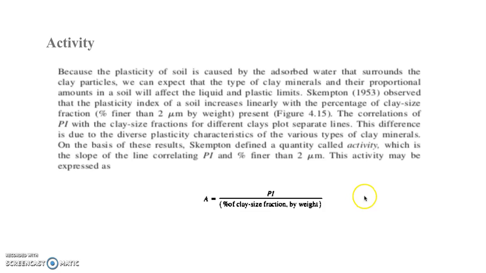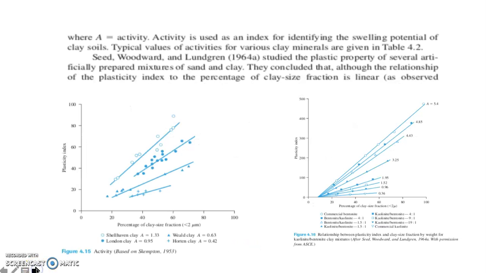So activity of a soil assesses capacity of soil to hold water. So we have here an illustration for the activity based on Skempton, and these are relationship between plasticity index and clay fraction by weight for a certain type of clay mixtures.